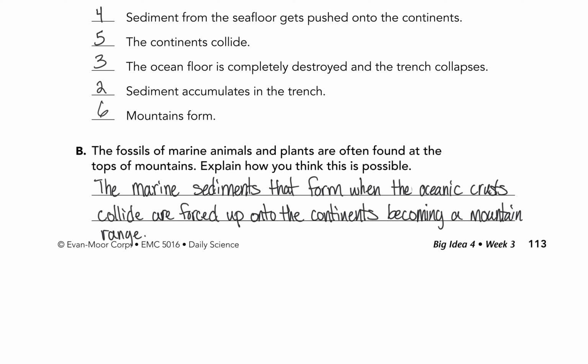So where those continents collide, they're going to be folded up into what's called folded mountains, and those marine sediments are found at the very top.